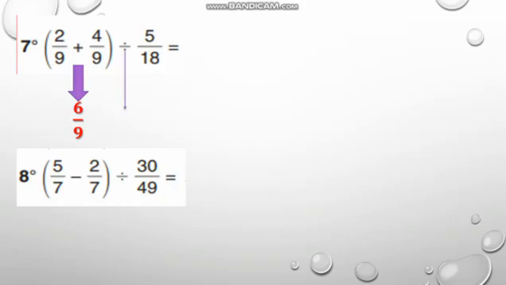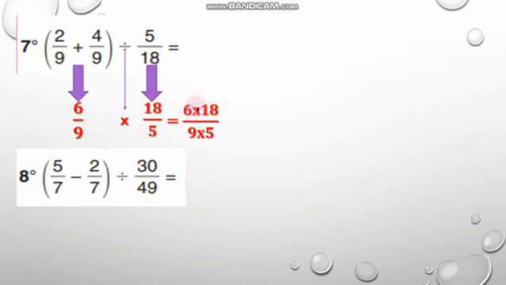6 over 9 divided. Instead of divide, I'm going to write times. And instead of 5 over 18, I'm going to write 18 over 5. So now I multiply the numerators together and the denominators together.